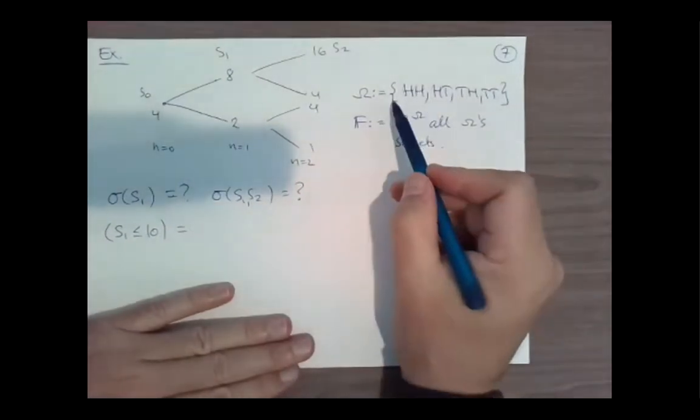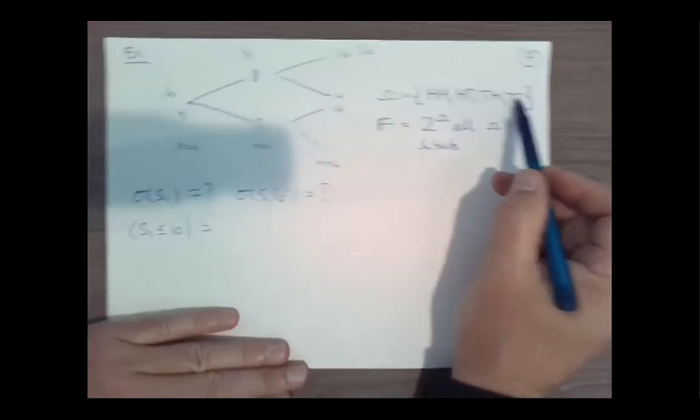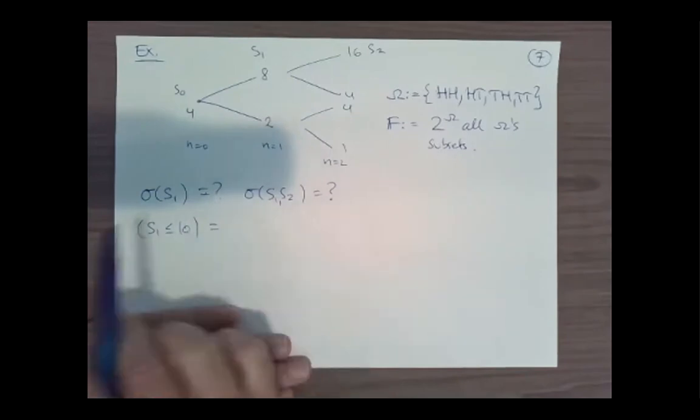What omega in my sample space is going to make it such that S1 is less than 10?